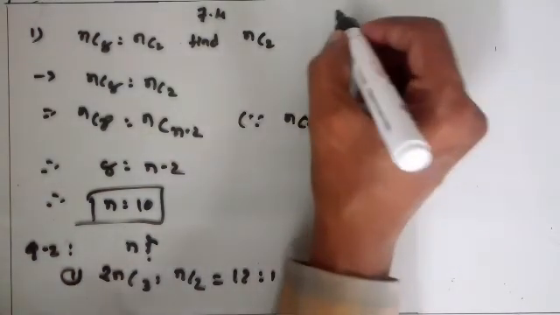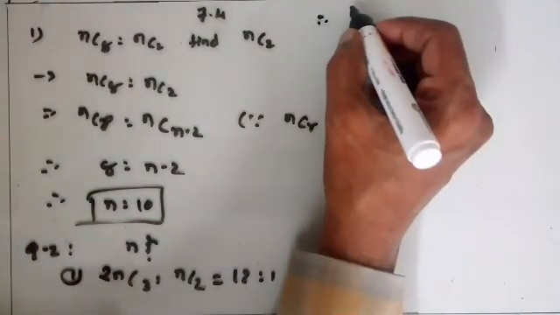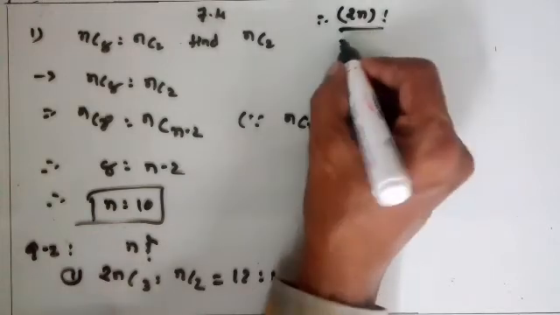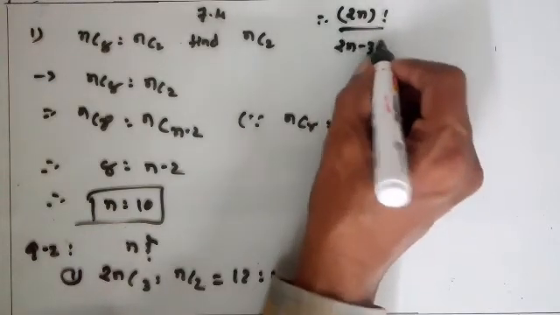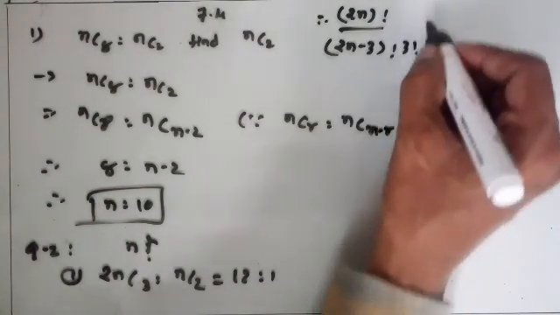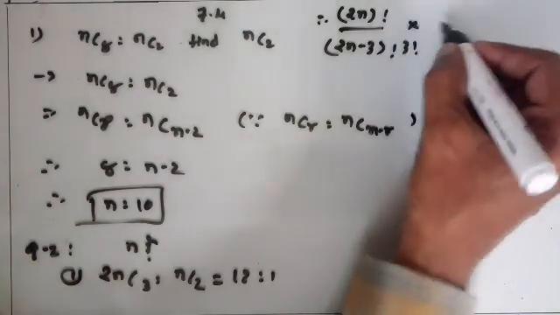Given this, 2nC3 is equal to, we know the formula, (2n) factorial upon (2n minus 3) factorial into 3 factorial, and division changes into multiplication.